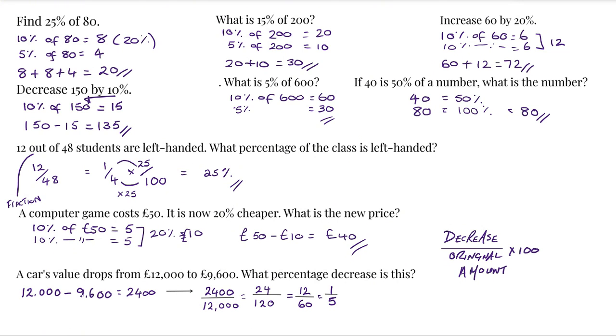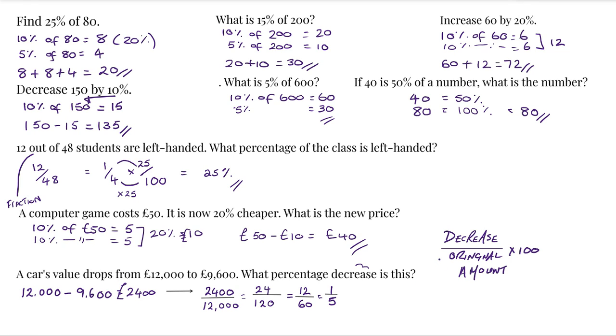This one's a little bit more complicated, so I wrote out quite a bit of this. A car's value drops from 12,000 to 9,600. What percentage decrease is this? So first of all, let's subtract because it's a decrease. Now that's left us with £2,400.